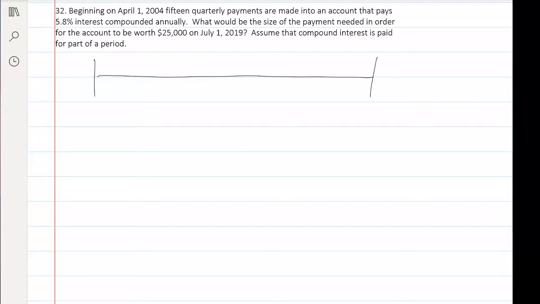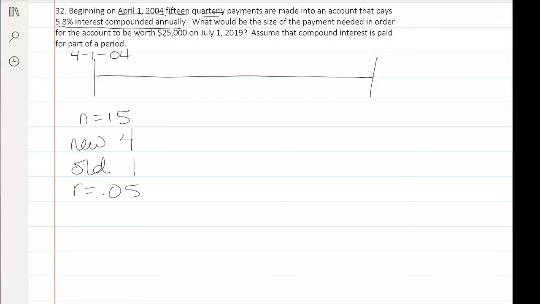Beginning on April 1st, 2004, we have 15 quarterly payments. It tells us N is 15 automatically. Quarterly tells us that our new is 4, because we're compounded annually, so our old is 1, and our rate is 0.058.